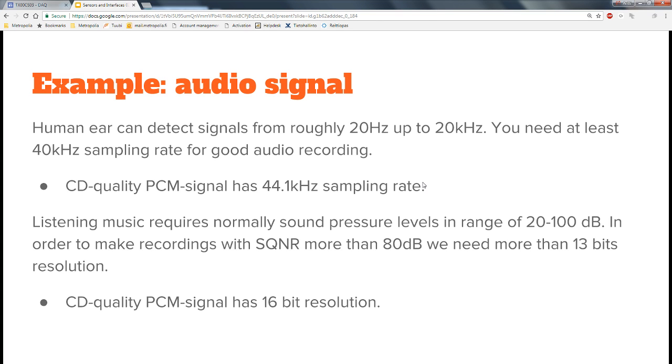A few bits more doesn't hurt, but that's why so-called CD quality is a pulse code modulated signal, meaning just tabulated values at that 44.1 kilohertz and 16-bit resolution, because it's 2 bytes. But everyone knows that you need more, of course. If you are listening to audio, you need higher sampling rate and also higher resolution.